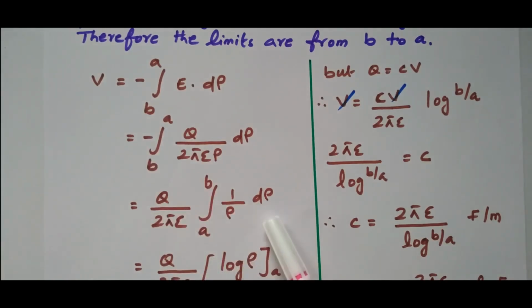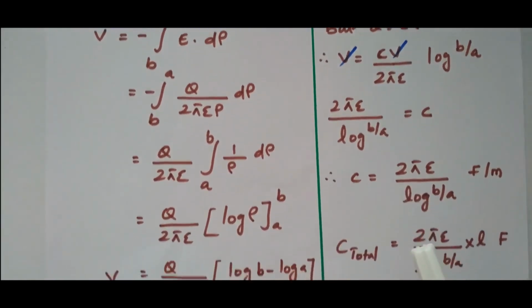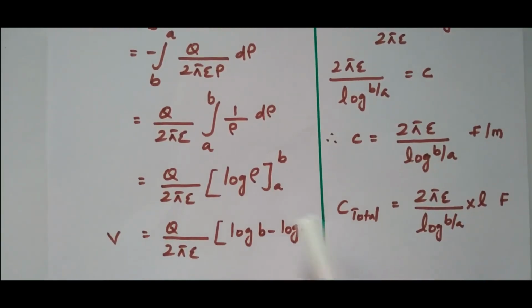Integral A to B of 1 divided by rho into d rho, right? Q divided by 2 pi epsilon is constant. So the 1 divided by rho integral is nothing but log rho with a limit of A to B. We need to substitute the limits A to B, so that V equals Q divided by 2 pi epsilon into log b minus log a.